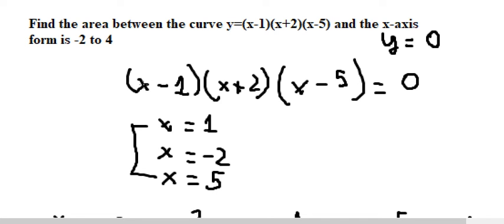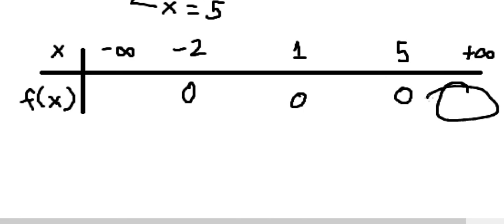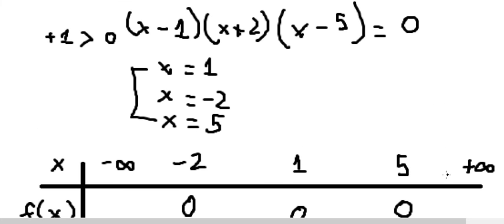We know that the coefficient of the highest power is positive 1, because we have 1, and 1 here. If we multiply together, you get positive 1, which is greater than 0. So the sign here should be positive.